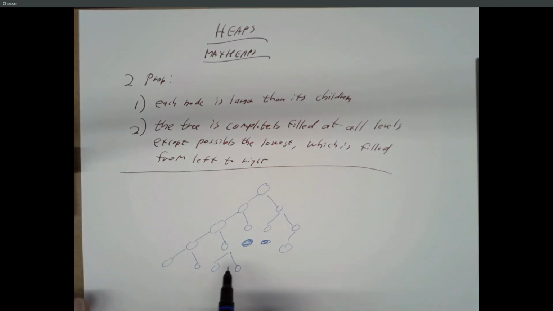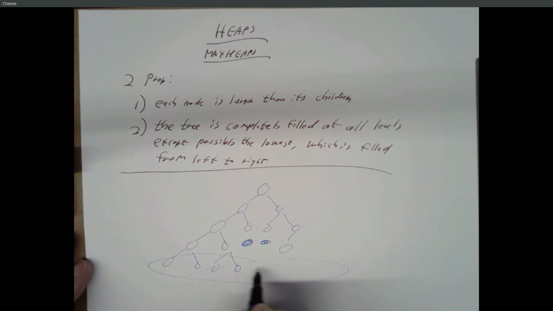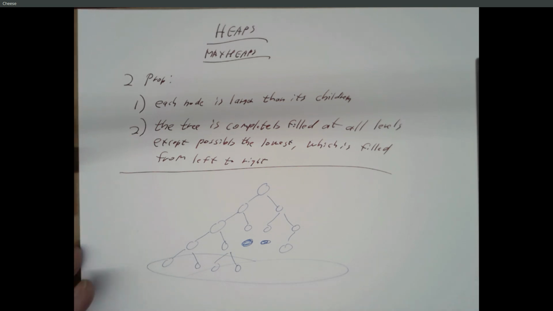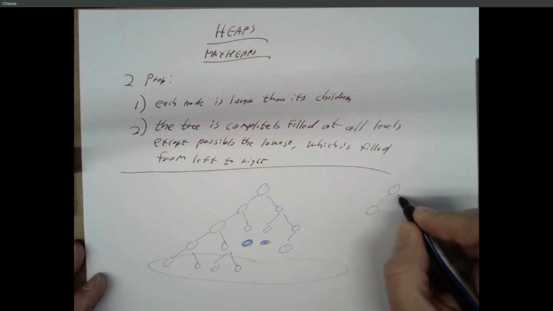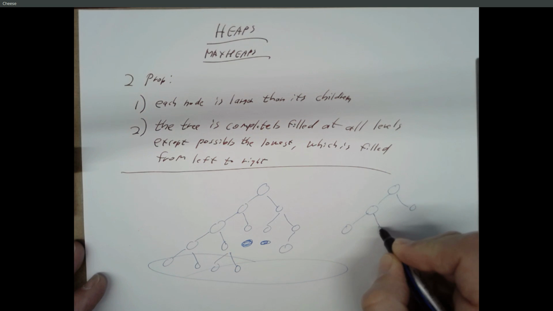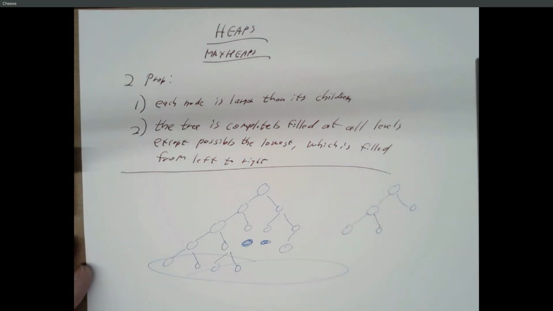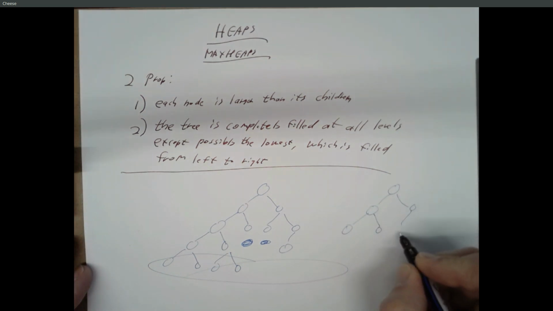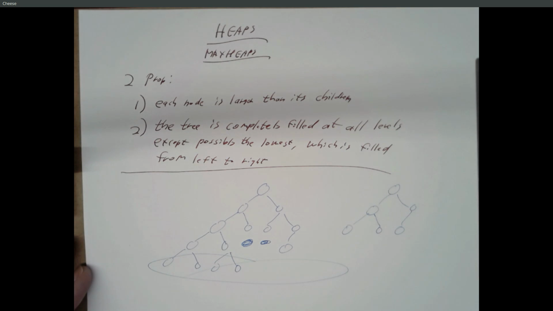And this lowest level is allowed to be not completely filled because you may not have enough data to fill it, right? A tree always holds 2 to the n minus 1 things when it's completely full. You might not have 2 to the n minus 1 things, but the only place you can have space is in this lowest row. And this lowest row itself has to be filled in from left to right. So this is considered completely filled, right, in a heap-like way. This is also valid in a heap-like way, but this is not.